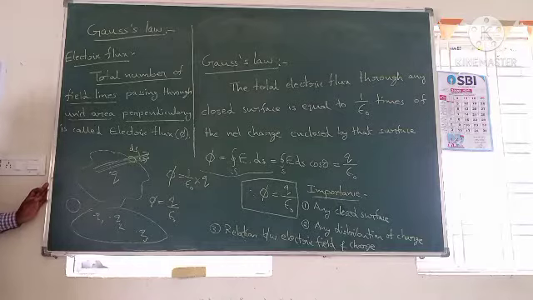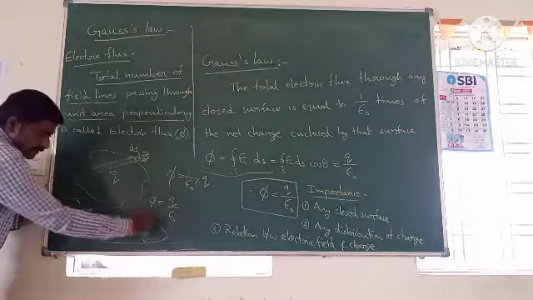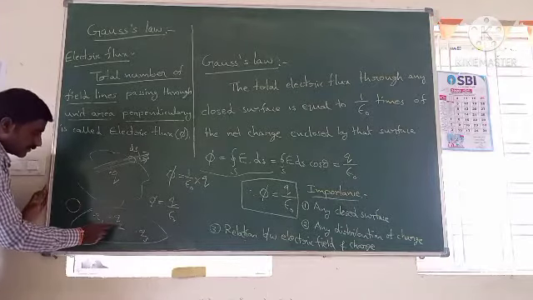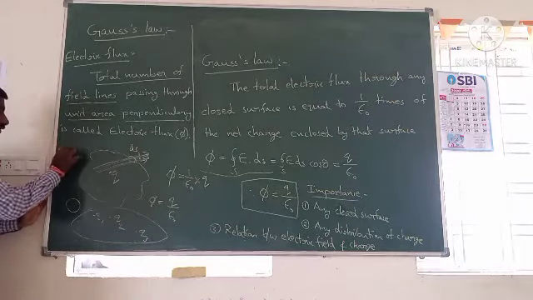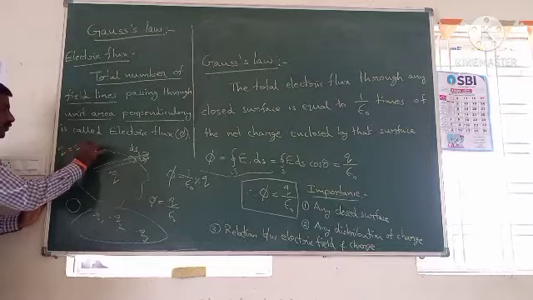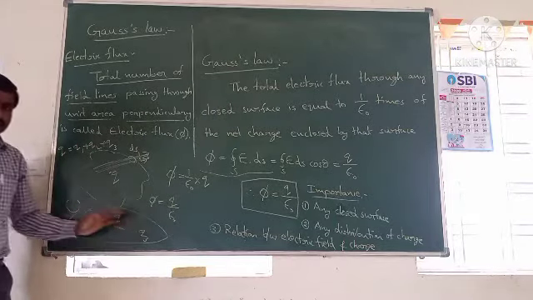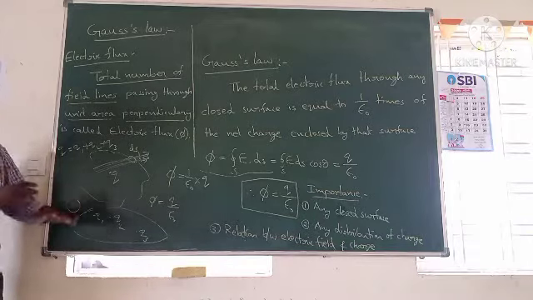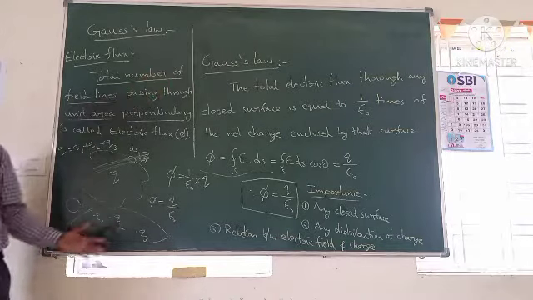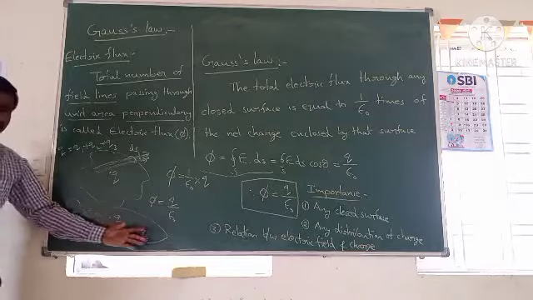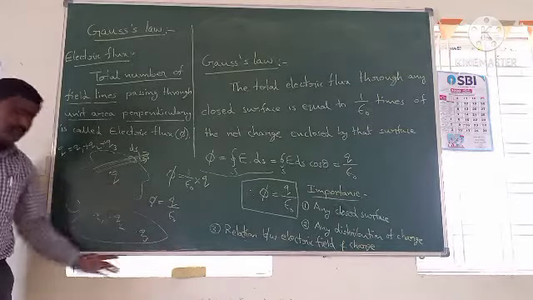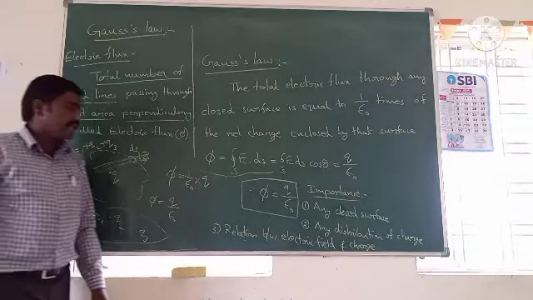Charge has an additive property, so the total charge enclosed by this surface is Q equals Q1 plus Q2 plus Q3. Whatever the charge distribution in the closed surface, we can apply Gauss law. That is the second importance.